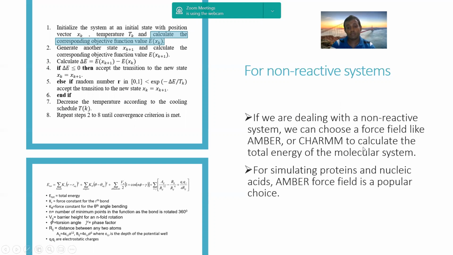There are many candidates. And if we are dealing with biological macromolecules like proteins and nucleic acids, one of the most popular candidates is the AMBER force field. And in the AMBER force field, we can see there are mathematical terms to calculate the bonding interactions as well as the non-bonding interactions.